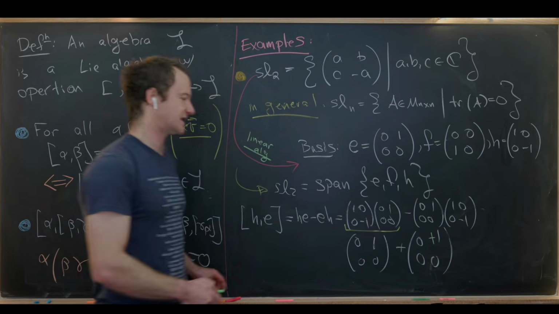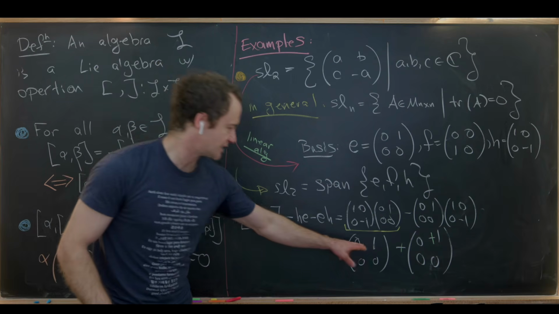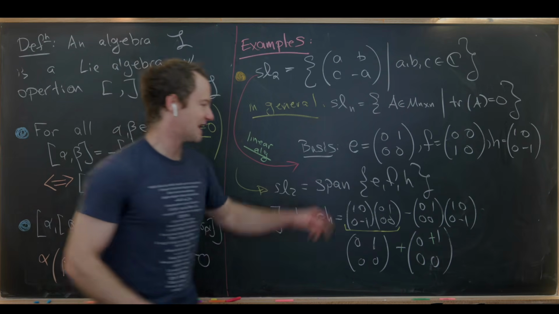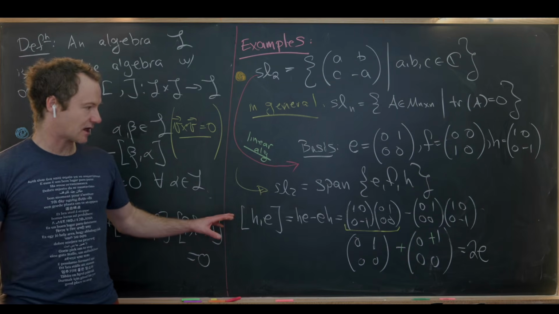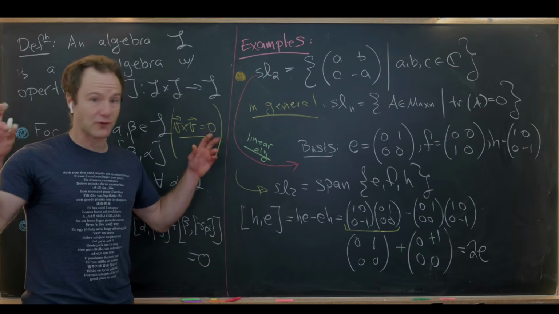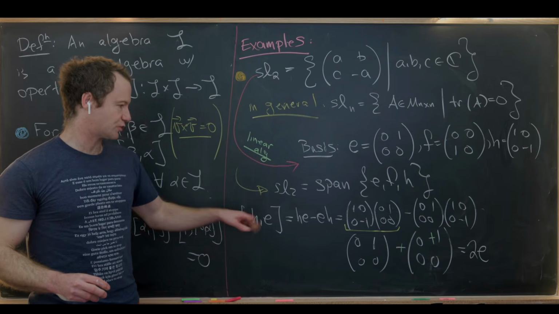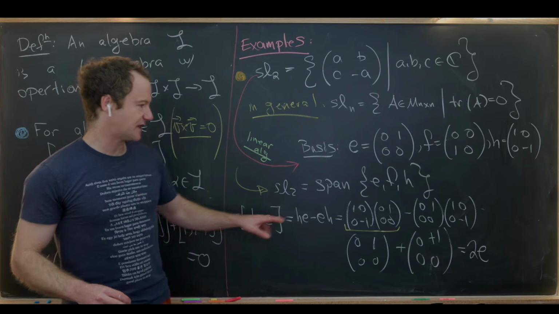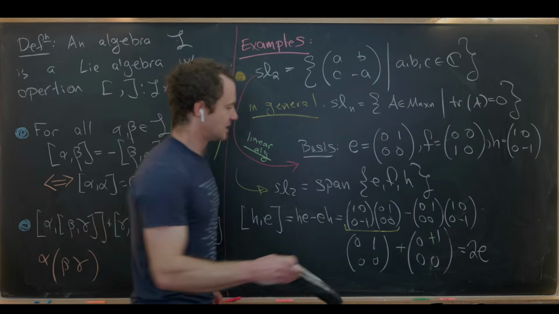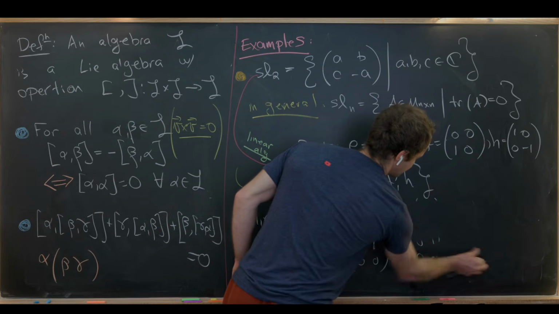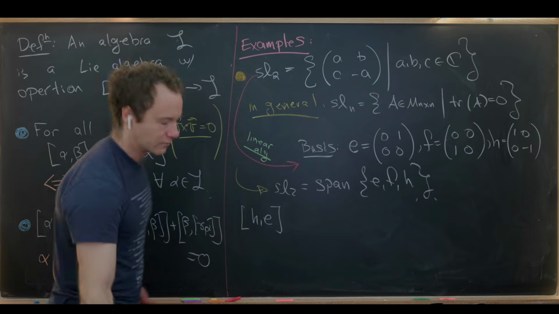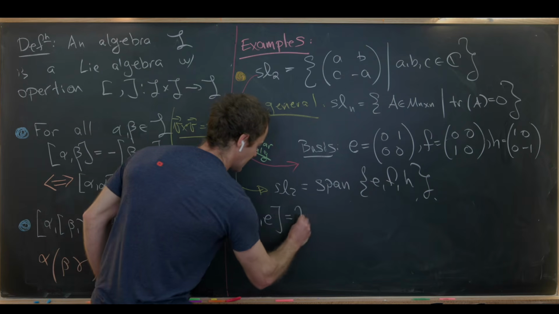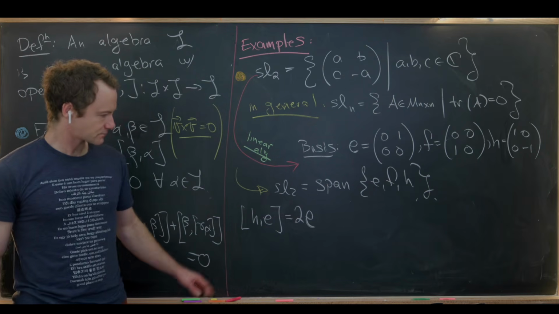So the minus signs cancel, and we're left with a 2 in this entry, but that's exactly equal to 2E. So that's our bracket relation of H with E. If we do H with E, we get 2E. So maybe we could erase all of this and then write down here that we get 2E.